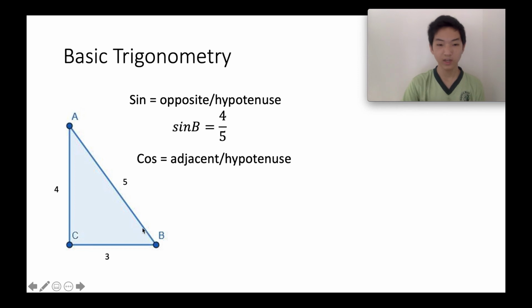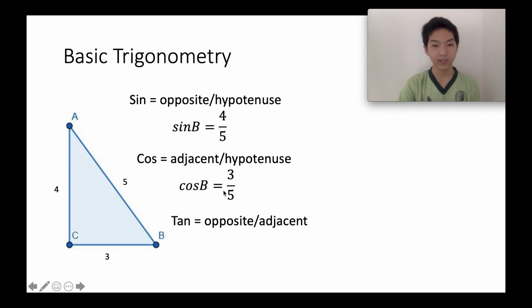Once again, if you're looking at angle B, the side adjacent to angle B, which is also not the hypotenuse, which is something important to consider, is 3. And the hypotenuse is 5. So cosine B is equal to 3/5.